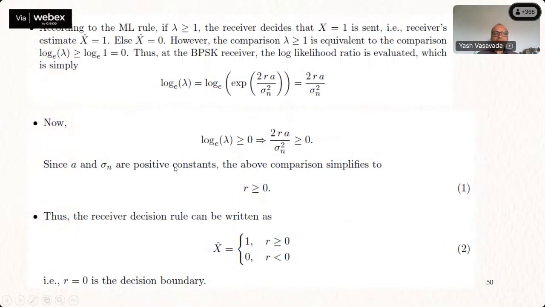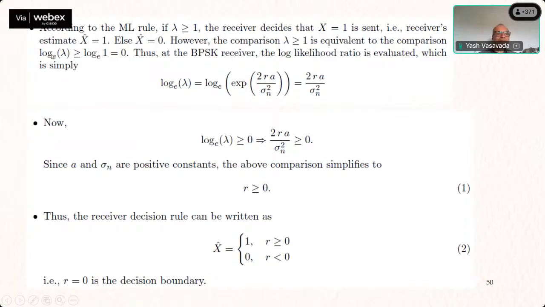Now, coming back to that math, if our interest is to evaluate when lambda is greater than or equal to 1, then we can play a trick. Instead of looking at lambda, we can take logarithm base e of lambda.